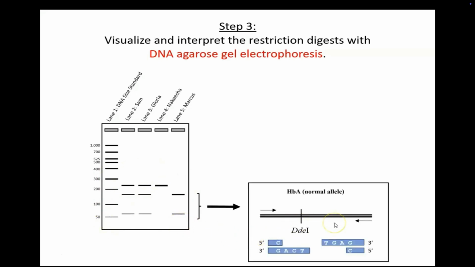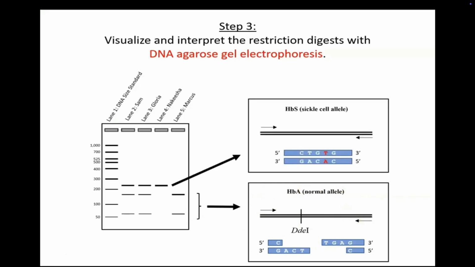Recall this simple map of the HBA allele, the normal allele. These are our PCR primers, which determine the ends, and the DDE1 restriction site. So after we have PCR'd and digested our products with DDE1, we have 2 pieces of DNA coming from this normal allele, the smaller one and the larger one. The smaller one corresponds to this band on the gel, and this band corresponds to the larger piece of DNA.